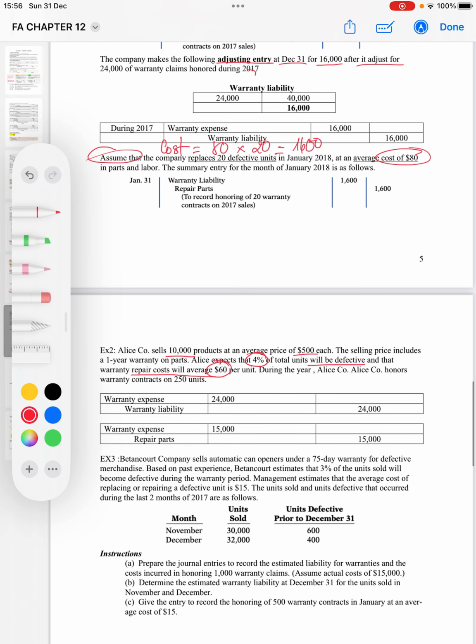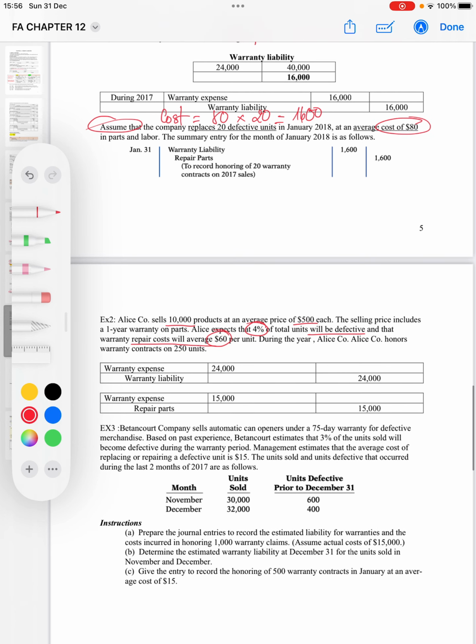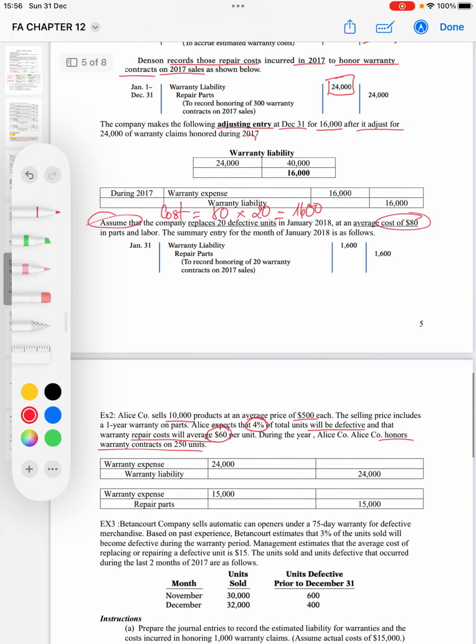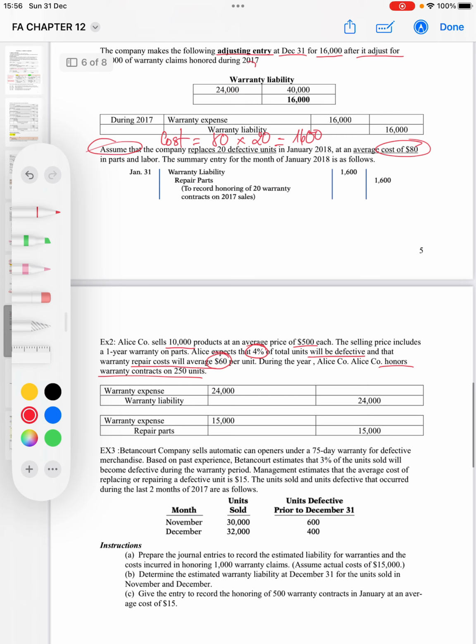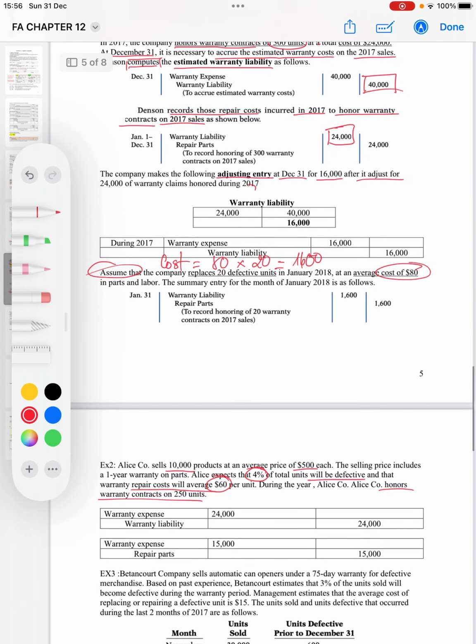During the year they honor warranty contracts on 250 units, 50 units. Which means in this exercise you have to do 2 main entries, 2 main transactions.